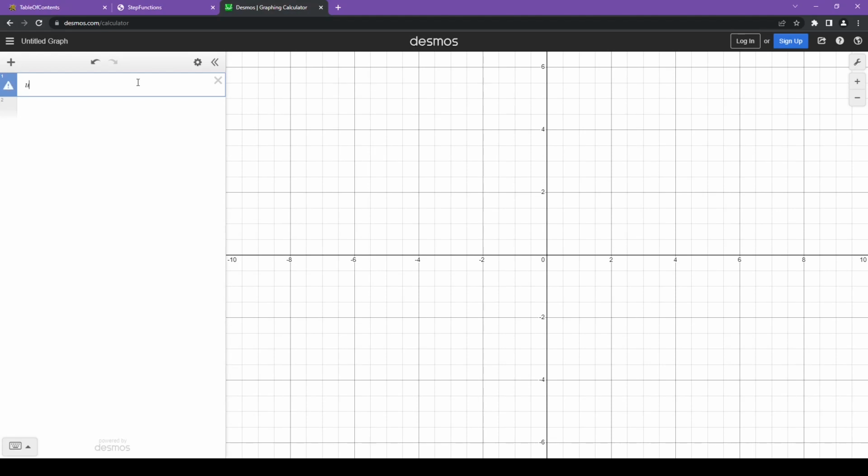Okay. So we'll make u sub c of t and have that be equal to a piecewise defined function. All right. We're going to make this equal to 0 for t less than c and equal to 1 for t greater than or equal to c.